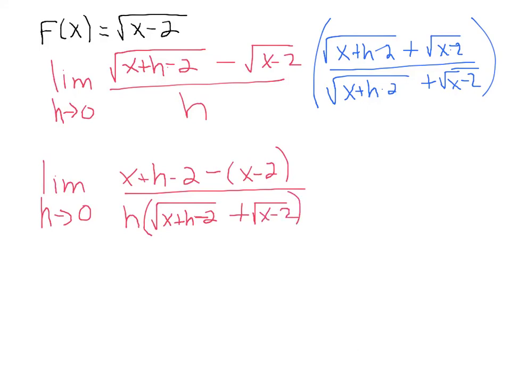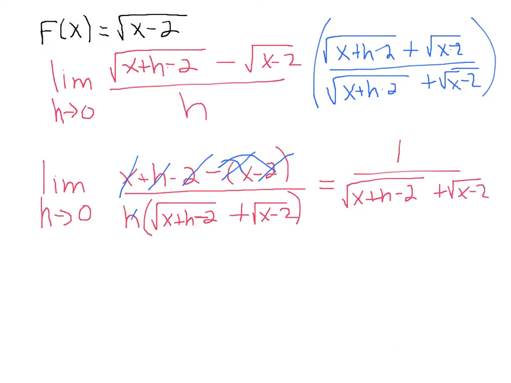Okay? Because what's going to happen here is our x's, I'm going to have x, and this is going to be a minus x, so that's gone. This is going to be a plus 2, so that minus 2 is going to be gone. Okay? And then all I'm left with is the h, so the h's are going to divide out, and I'm really left with nothing more than 1 over the square root of x plus h minus 2 plus the square root of x minus 2. Okay?